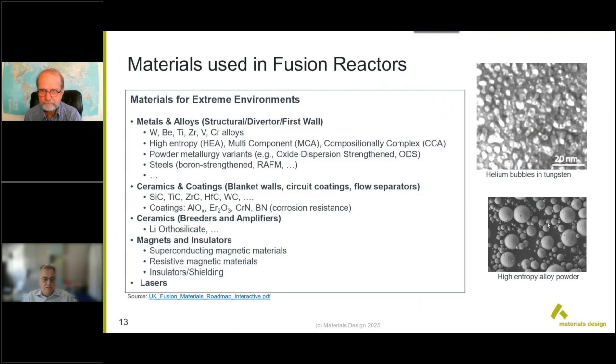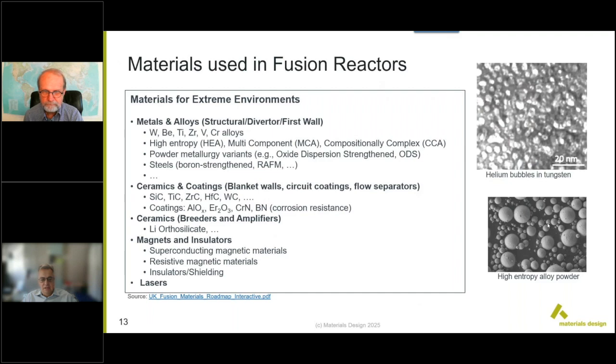Second class of materials is ceramics and coatings, things like silicon carbide, titanium carbide, tungsten carbide, and special coatings to, again, protect the substrate from the ferocious conditions inside the tokamak. Ceramics are very important, especially for the breeders and amplifiers.